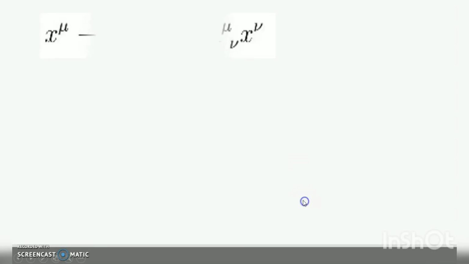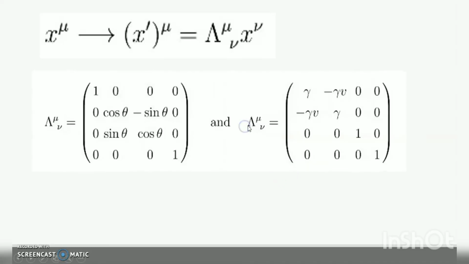So x^\mu goes to x'^\mu equals \Lambda^\mu_\nu x^\nu, where \Lambda acts as a tensor.